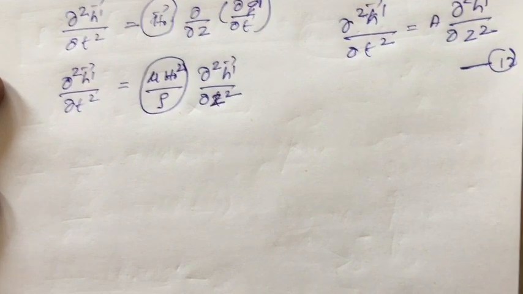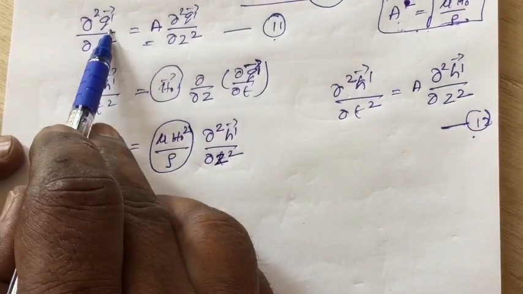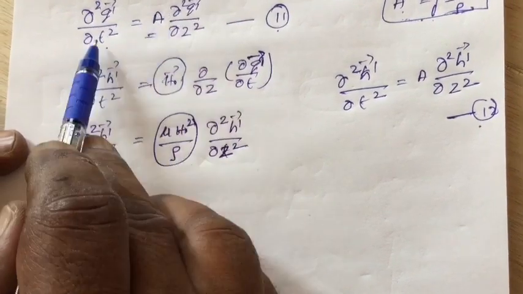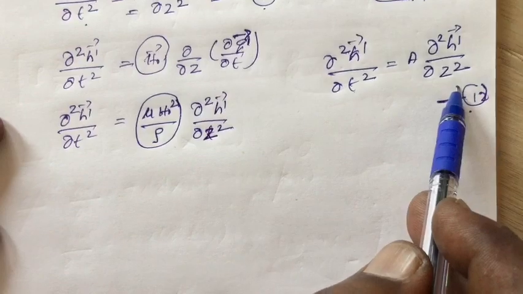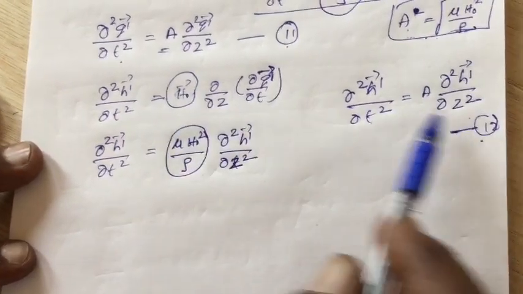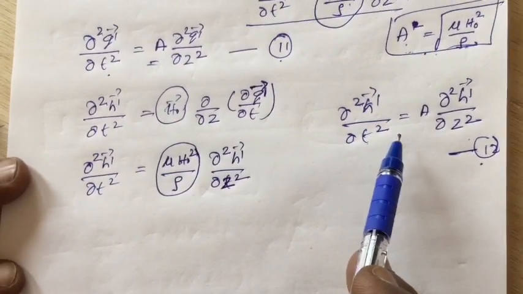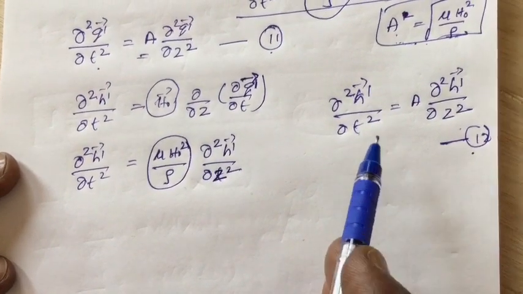Okay, so now equations 11 and 12. This one is for q dash with respect to t and z. This is for h dash with respect to t and z, with Alfvén velocity A. These two equations are nothing but the Alfvén wave equations.